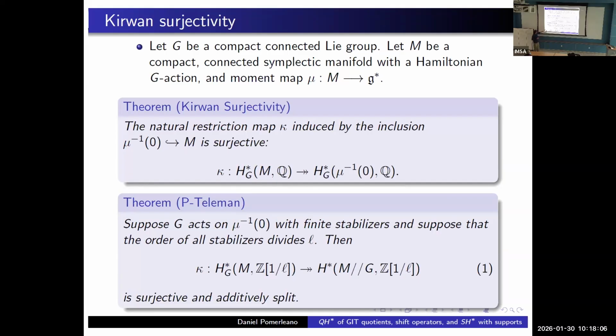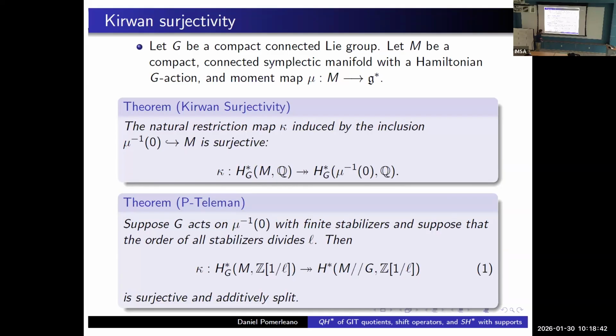And in this theorem, you don't actually care about what the stabilizers of your action are on the level set, but in practice, often you want to assume that you have finite stabilizers, so you can really form the symplectic quotient, or if you're in algebraic geometry, the GIT quotient, and get an orbifold, or at least a symplectic orbifold, or if it's free, a symplectic manifold.